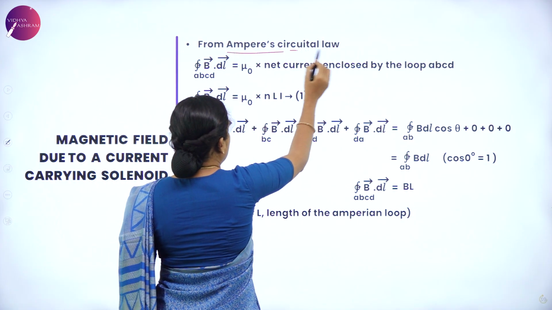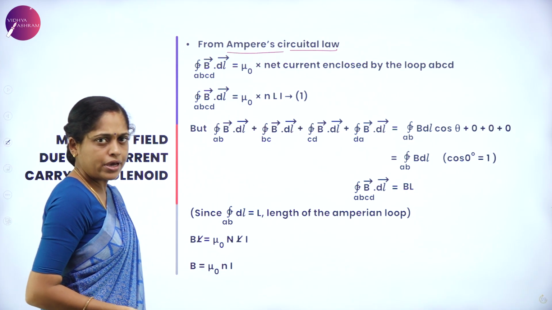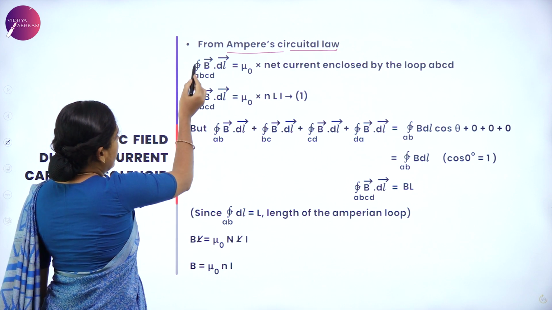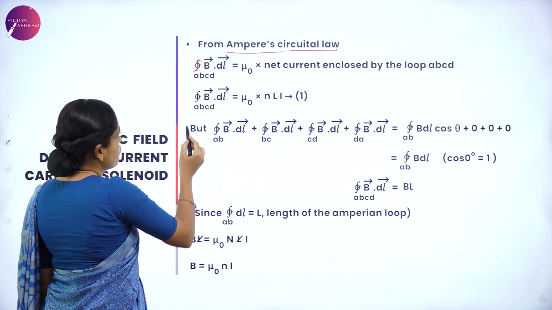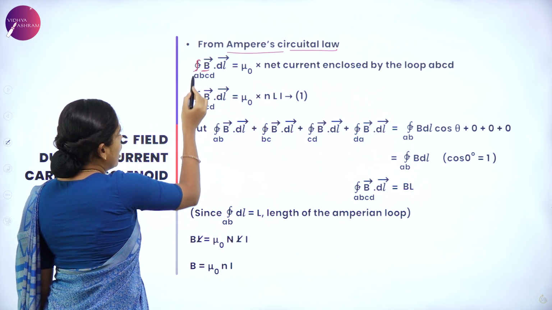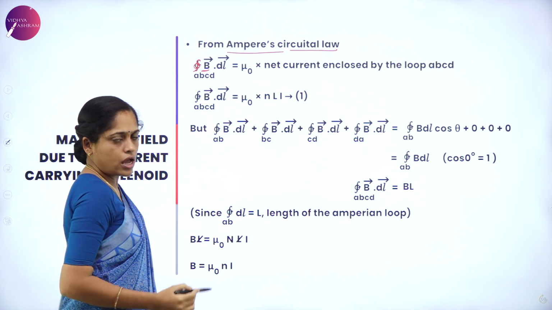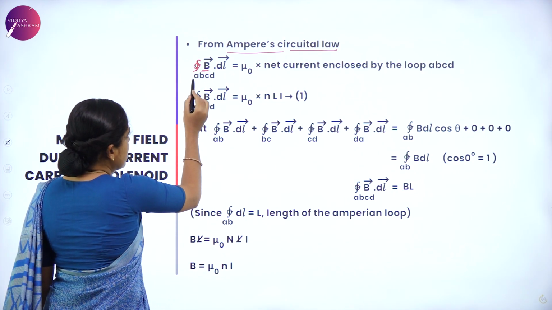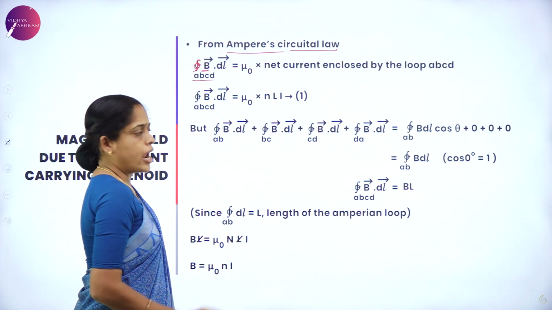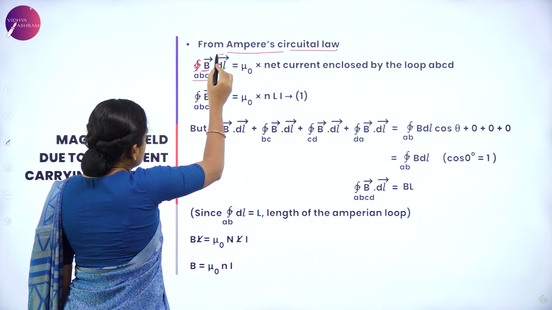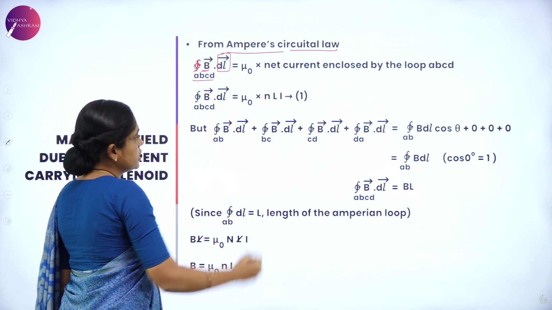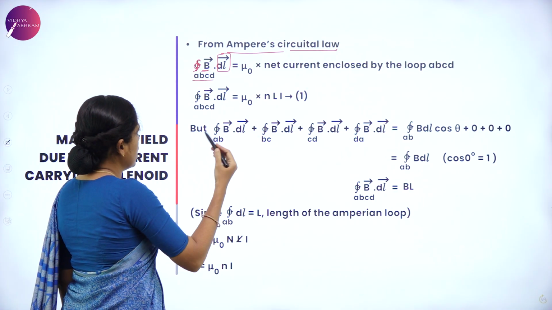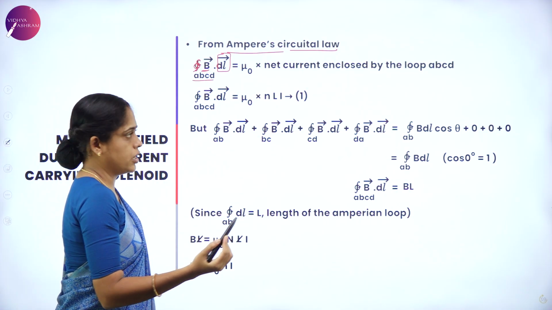According to Ampere's circuital law, the line integral of the magnetic field around a closed path, here ABCD, where the path element is dl, also a vector quantity.